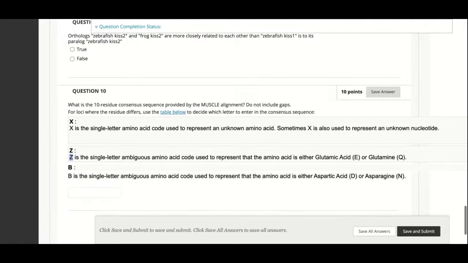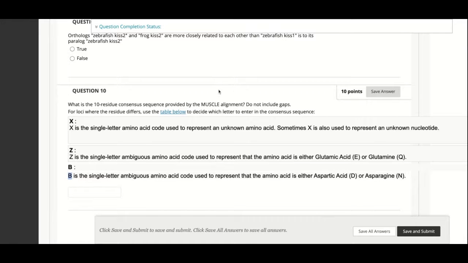And then if in that one position you have either aspartic acid or asparagine, so some sequences will have an N, other ones will have a D. They're very similar, not exactly the same. But you want to show in your consensus sequence that it's either one of these two, then you write B. All right, how do we find the consensus sequence?